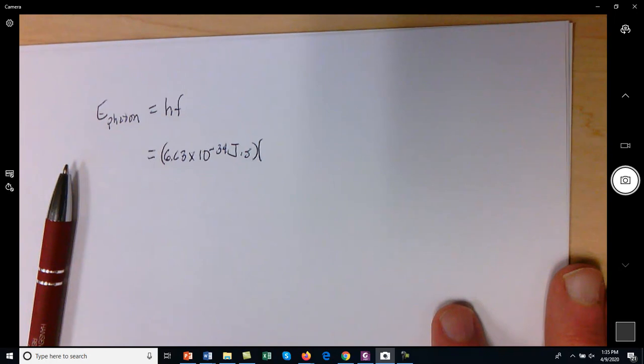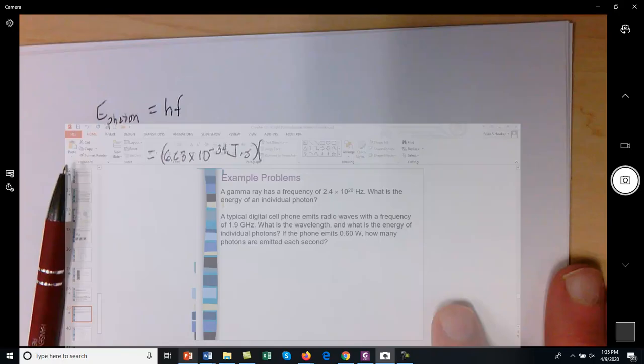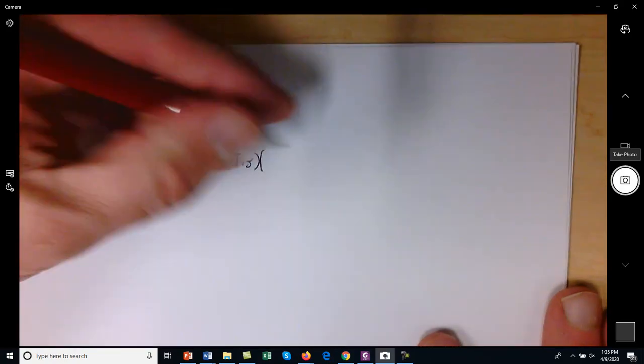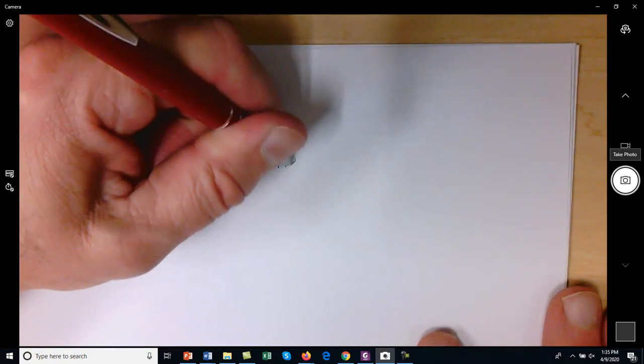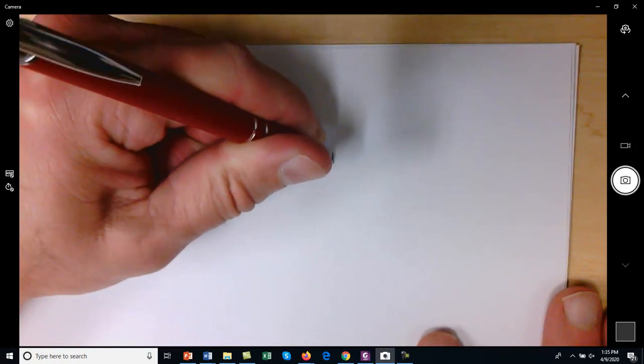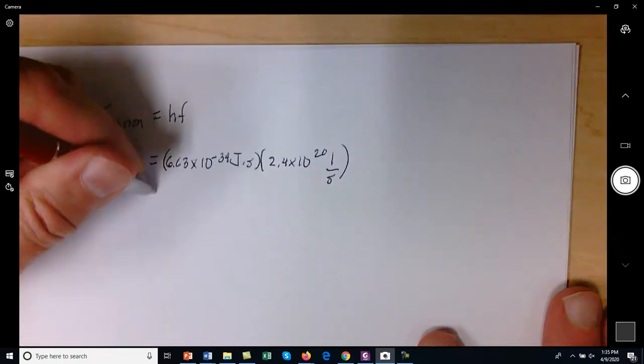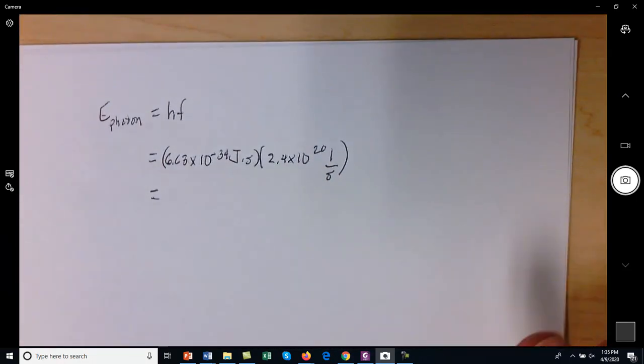What's our frequency again? 2.4 times 10 to the 20th hertz. Hertz is reciprocal seconds.